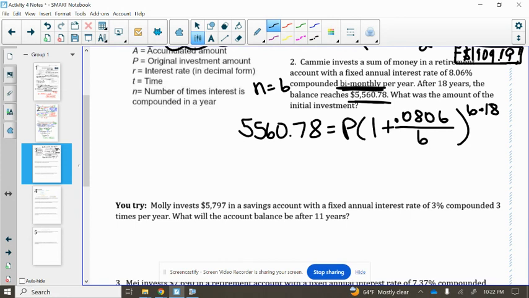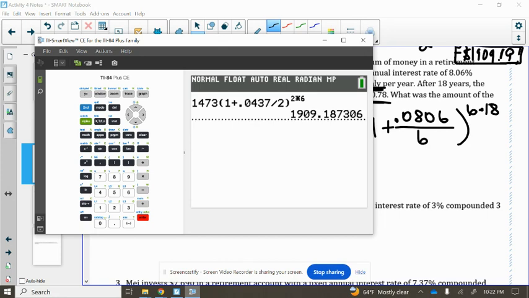So notice that all of this piece in parentheses, the 1 plus 0.0806 to the n times t, is a number. Oops. Forgot to divide this by the number of compoundings. Oops, divided by 6.